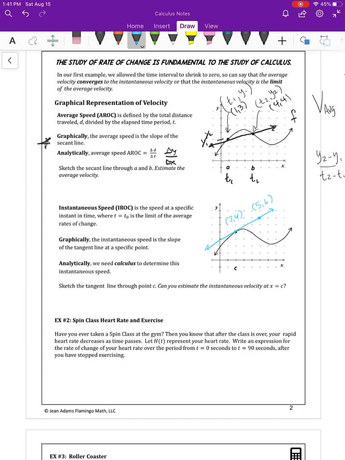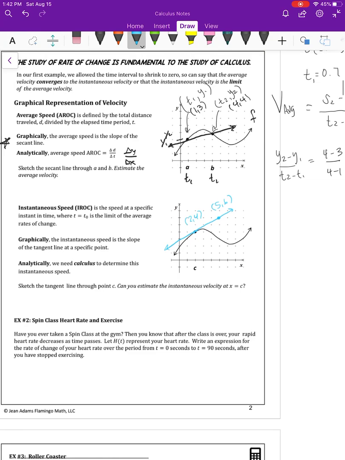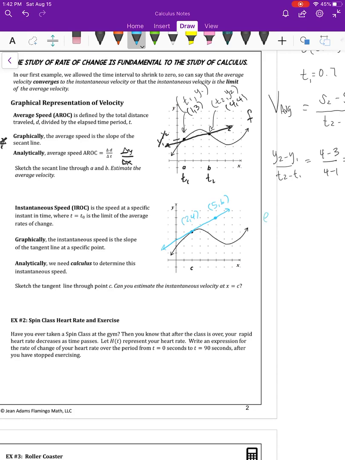Okay? And so how did I do that? Well, I was just trying to reproduce what I had drawn. But if you just drew your line, you're going to look to see which one of these little dots it's closest to passing right through so that you can calculate an estimate of your instantaneous rate of change.